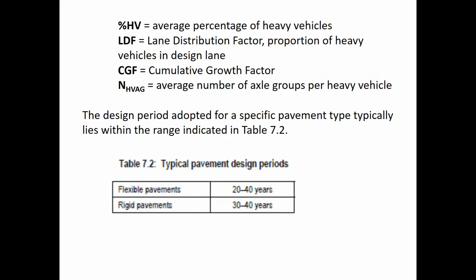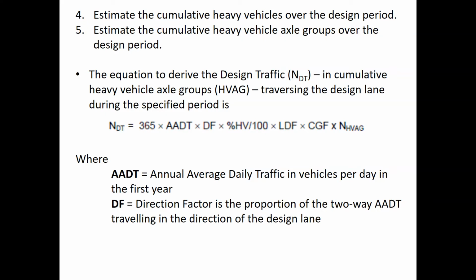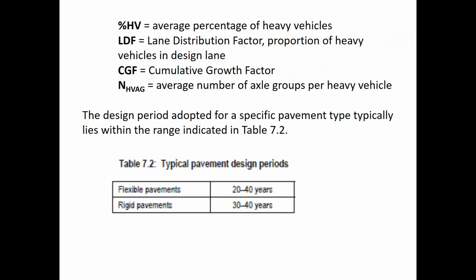So usually we assume that half is going this direction, unless you've got a certain road that has more traffic in a certain direction. Normally we just say that one direction is 0.5, the other direction is 0.5.